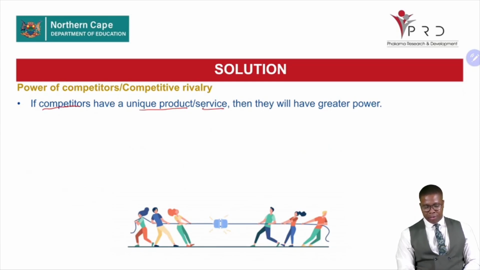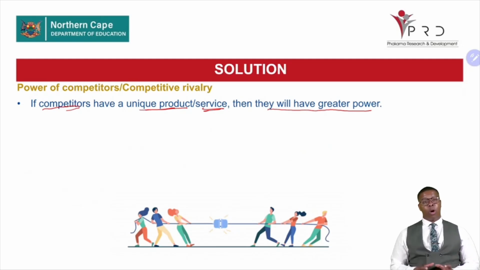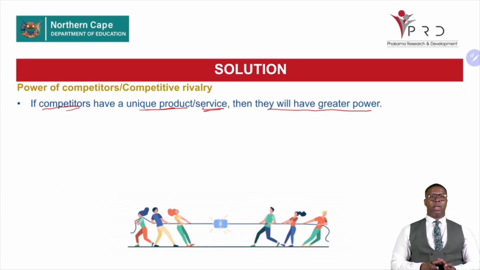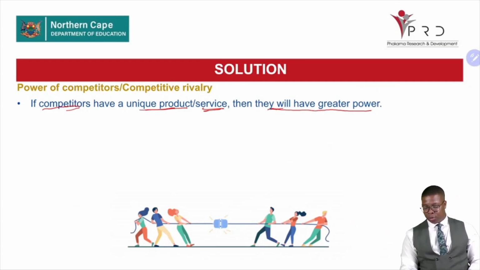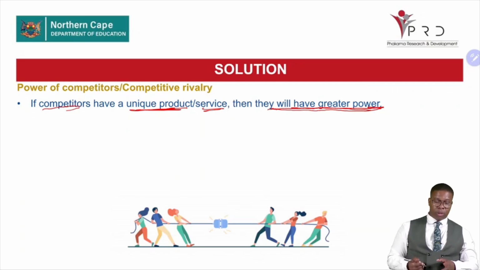Because if competitors have a unique product or service, they will have greater power over the business, because what is key is that the business is looking into its position to say, between me as my business and the competitors, what power is the competitor having. So in this regard, if you find that the competitor is having power because of the unique product, it means you should also make the product of your business unique.